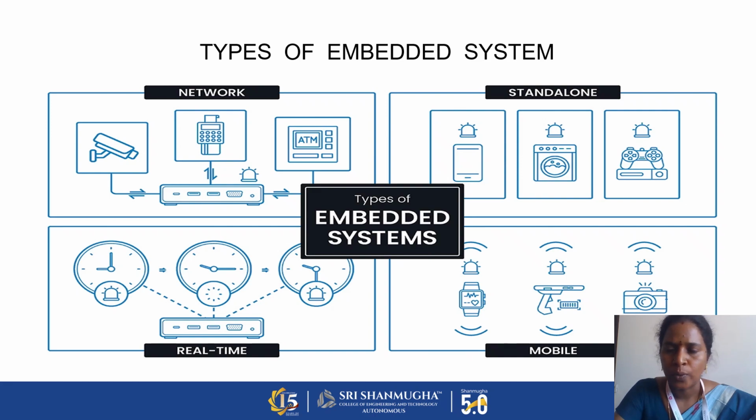First of all, standalone: it is a single device executing a specific function. For example, microwave ovens, some gaming systems and washing machines are standalone systems that work in a specific application. And for real-time applications, it connects more parts to display the current scenario and execute real-time applications.